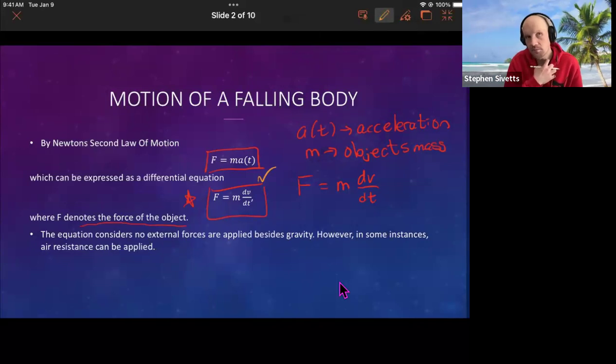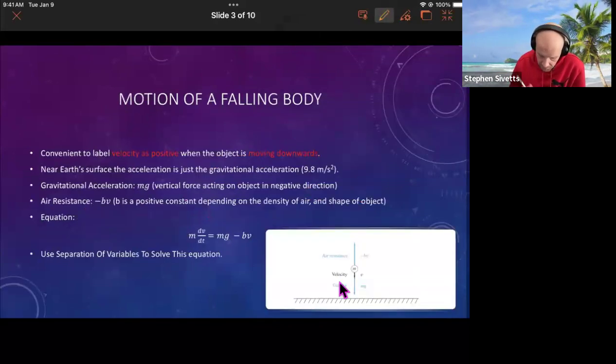So in terms of the vertical force applied to an object, we're going to have to think a little bit clearly here. It's going to be convenient to label the velocity as a positive quantity when the object is moving downwards. So this is important.